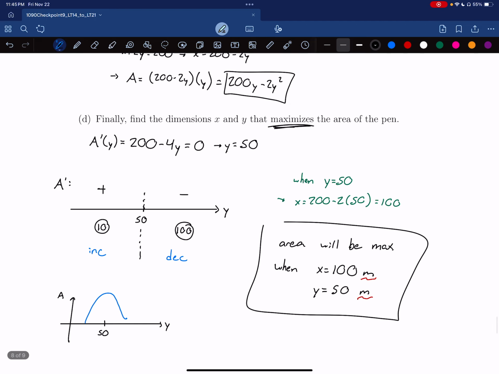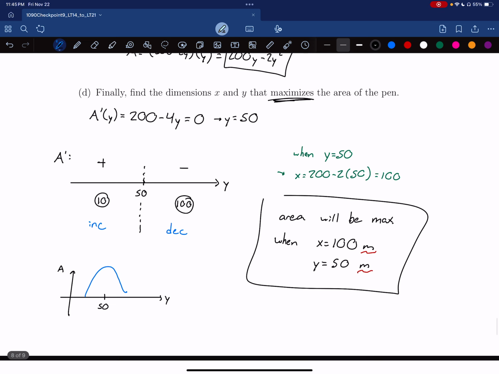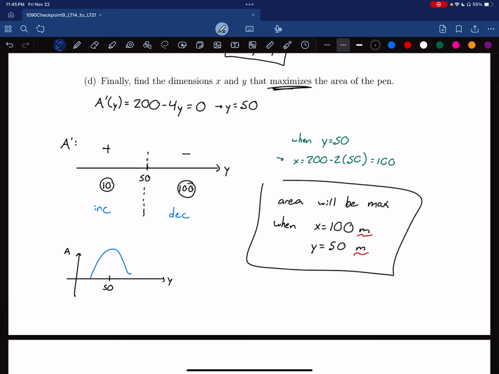We'll take the derivative of that and set it equal to 0 to get our points that we're going to test. In this case, we only had 1. And then we had to make sure it was a maximum, which it was, because we want to maximize the area of the pen. And then we plug it back into our constraint function to get the other variable. And we'll say the area will be max when x equals 100 and y equals 50. And we'll use units, because units are very important in the context of this problem. So that's it.